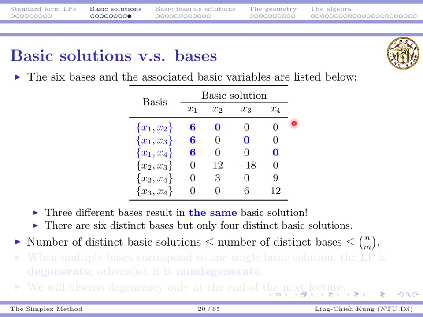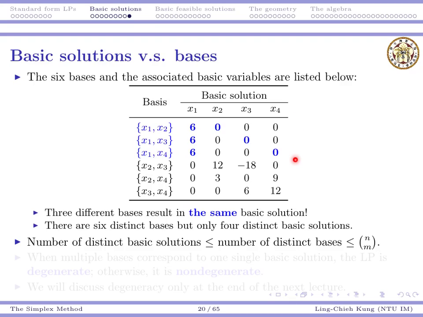Okay? These 3 bases, they are indeed different because this is x1, x2. This is x1, x3. You are choosing different columns to be bases, right? You're choosing the first and second, you choose the first and the third, they are different bases. But accidentally, they correspond to the same basic solutions. Okay? 3 different bases give you one single basic solution.